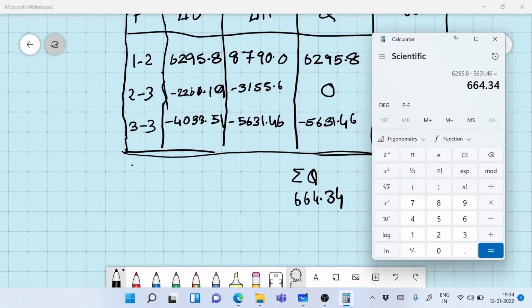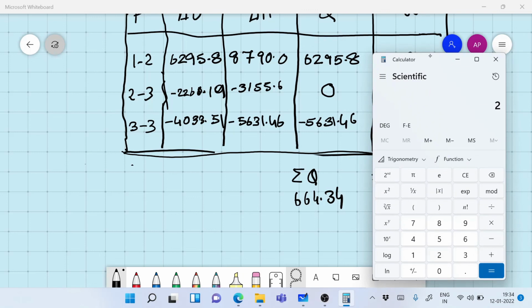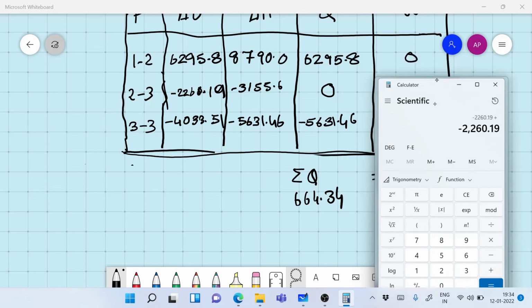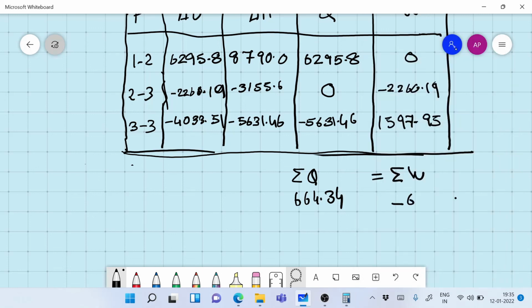Now let's check the work side. So the work is minus 2260.19 plus 1597.95. So that makes it minus 662.24. Now remember, the error is 2 point some decimal places, and that error is constant.